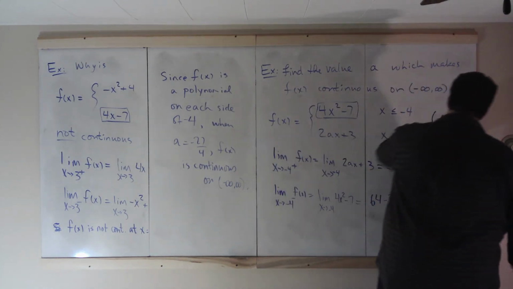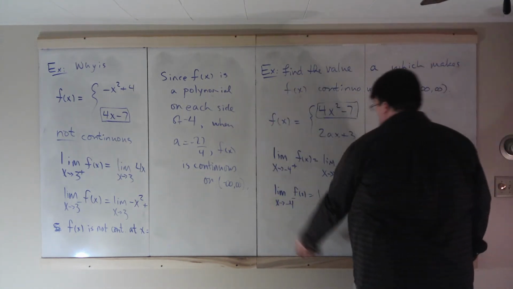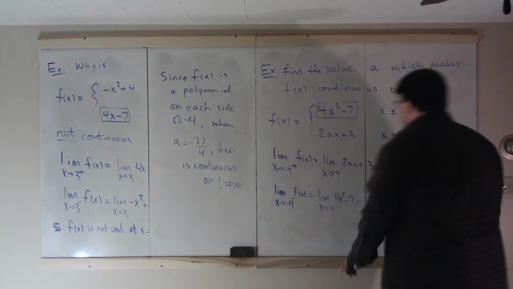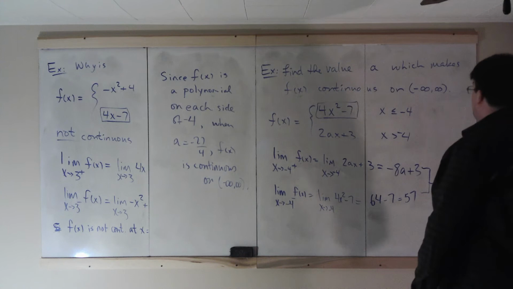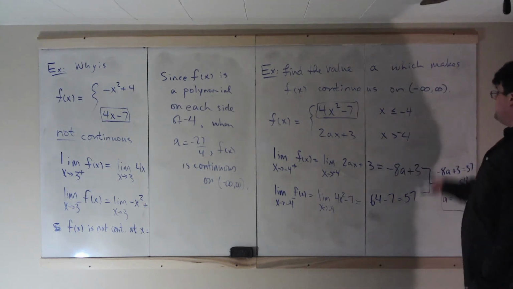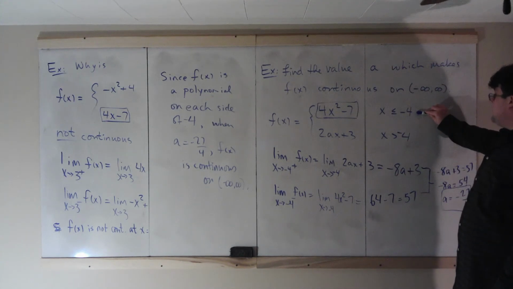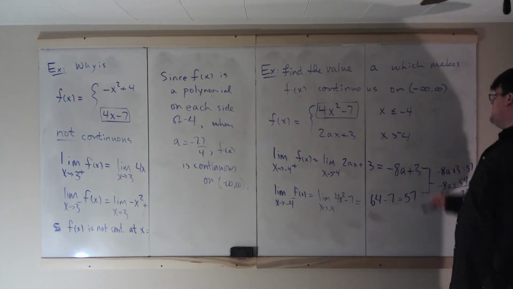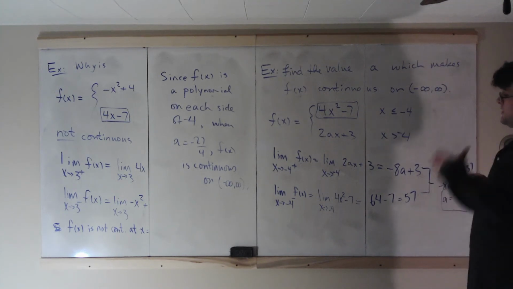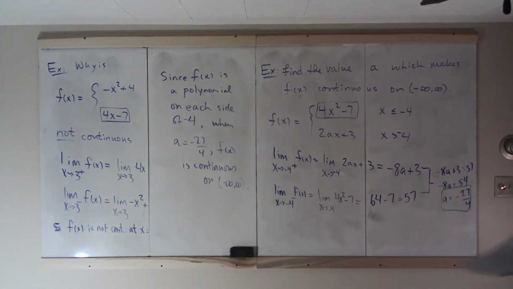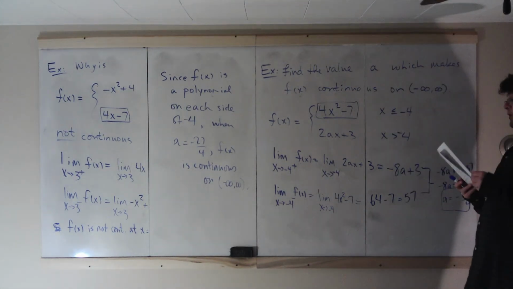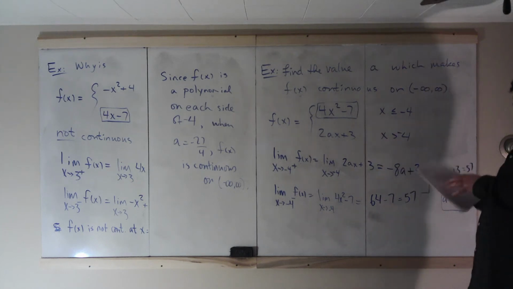But I'm okay with just saying something like that. But the observation is we have a polynomial over here. It's continuous on the one side of negative 4. We have a polynomial here. It's continuous on the other side of negative 4. And the computation we did here forces it to be continuous at negative 4.